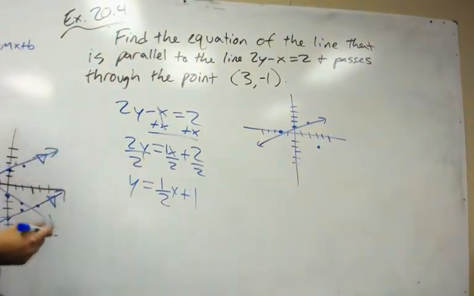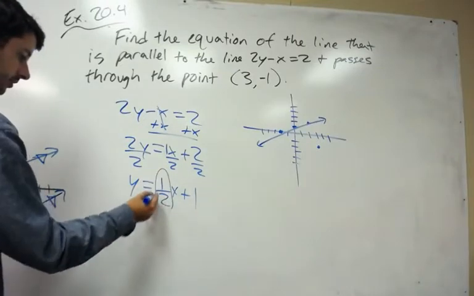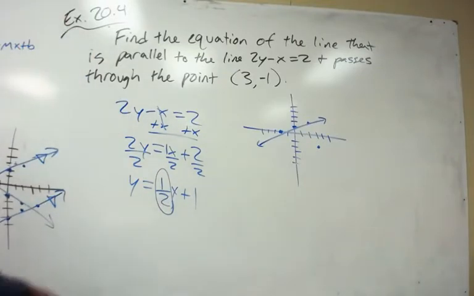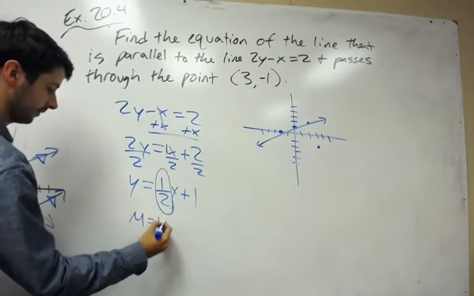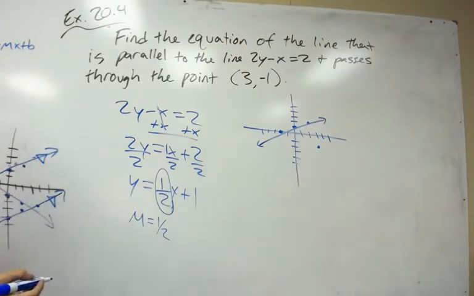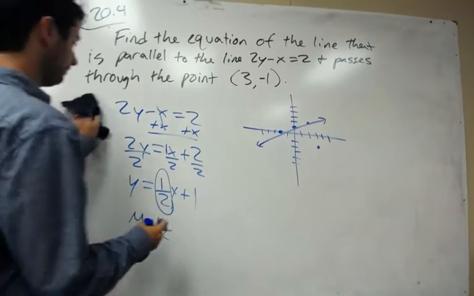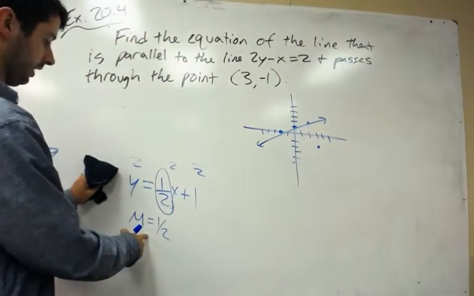Just like we said before, it goes back to the slope. What is the slope? It's our m, and our slope here is 1/2. So we're going to use this 1/2 in our equation because we want to keep the same slope if we want to keep them parallel. So now we know m.